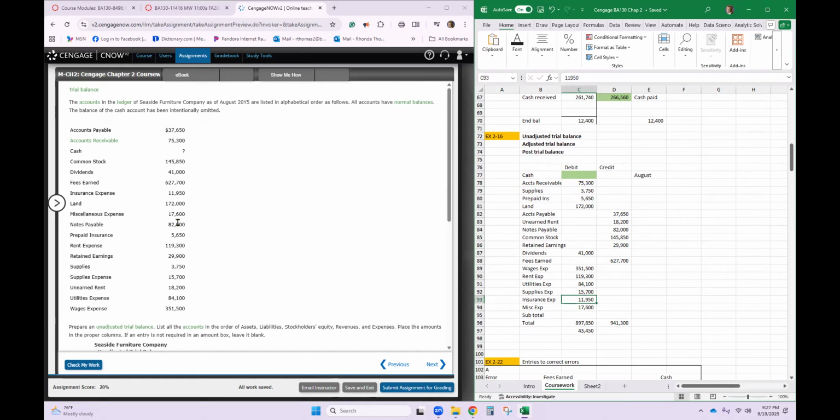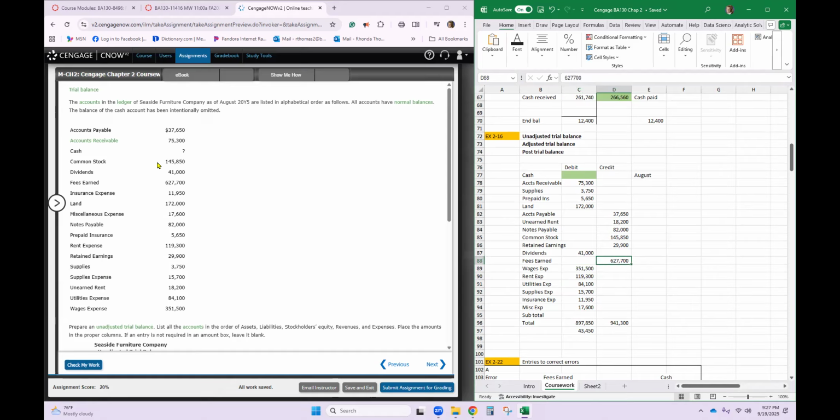Insurance expense, because it's really easy to get distracted and not be able to see something that you need to be able to see, 11,950. Yes. Supplies expense, 15,700. So when you put yours in, you might audit it really quick just to make sure that it is what it's showing. Make sure they're on the correct side.